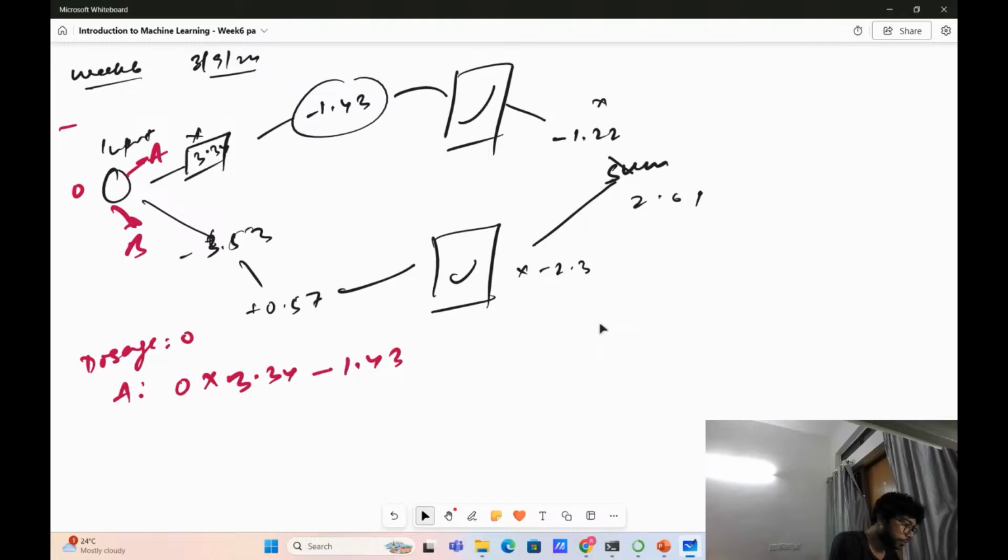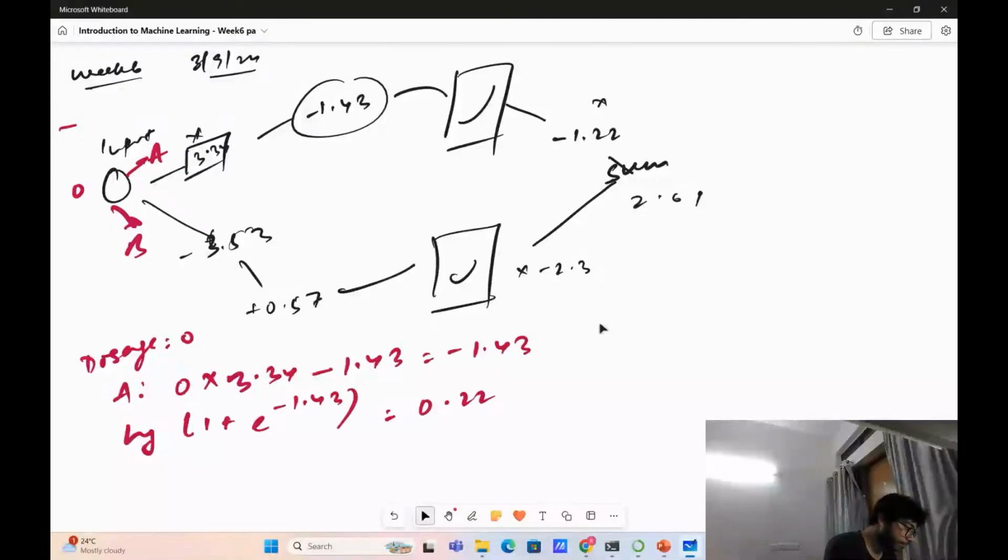So this output is minus 1.43. Now it passes this to the softplus function, and the equation for softplus is log of 1 plus e to the power of the summation, 1.43. If you calculate this, we'll get the value 0.22.